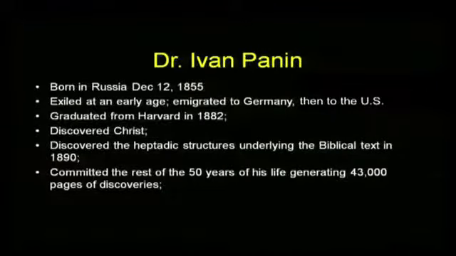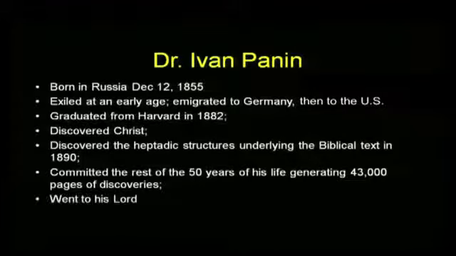Okay. But he also discovered early in his career what he calls the heptadic structure of the Scripture, back in 1890, actually. He committed the rest of his 50 years of life to generating over 43,000 pages of discoveries. Very dry reading, but staggering in their implications.